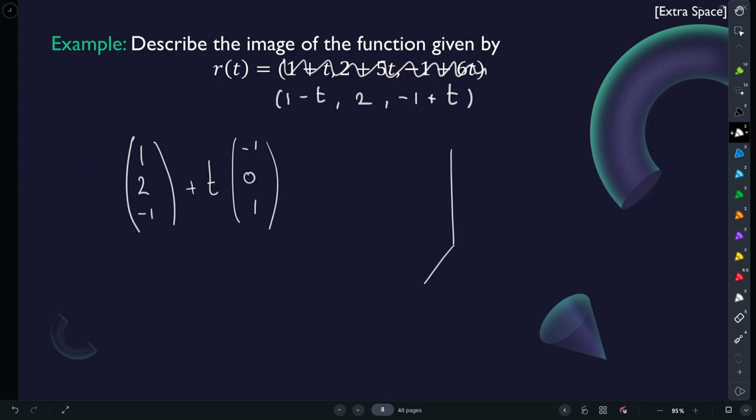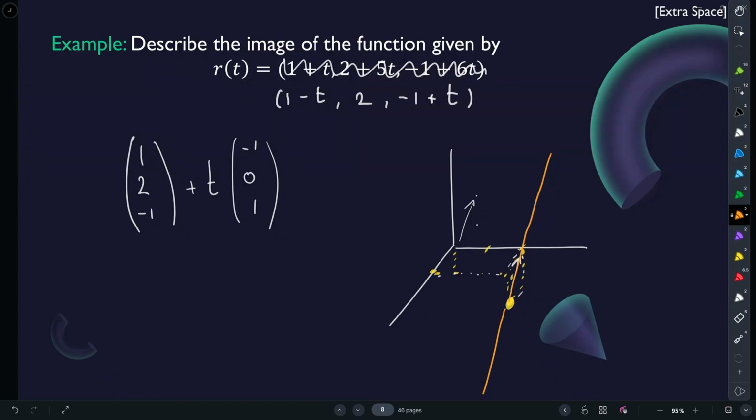In 3D, we have the point (1, 2, minus 1). So the initial point is down here, and then it's moving in the direction of (minus 1, 0, 1). So it's moving in that direction. The entire line looks like that.